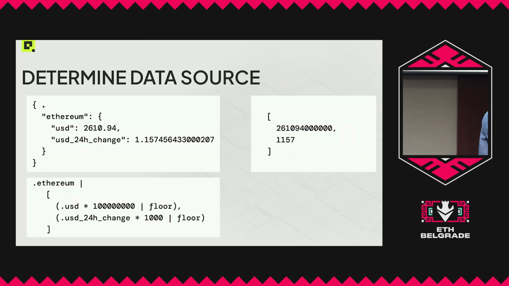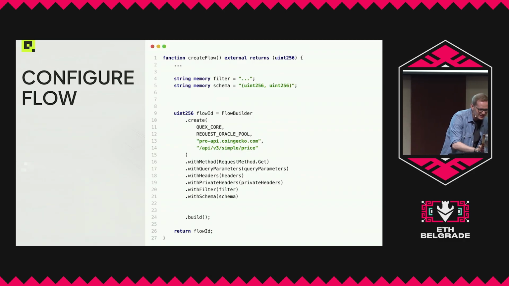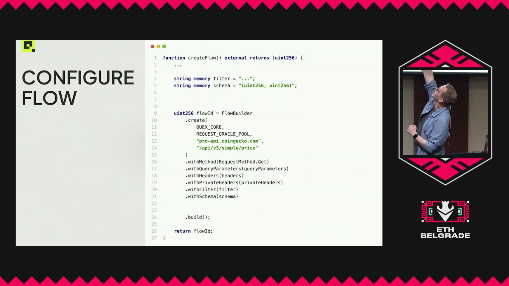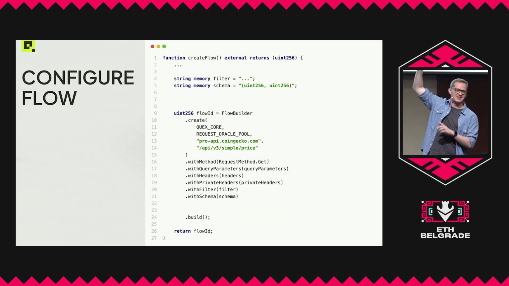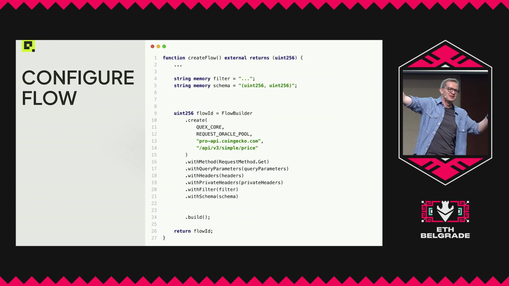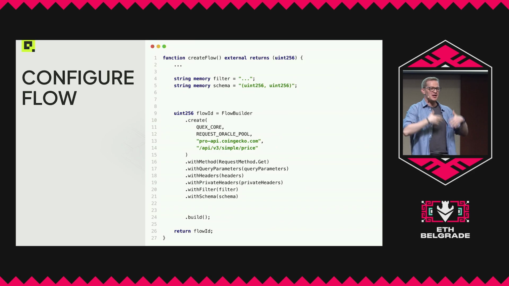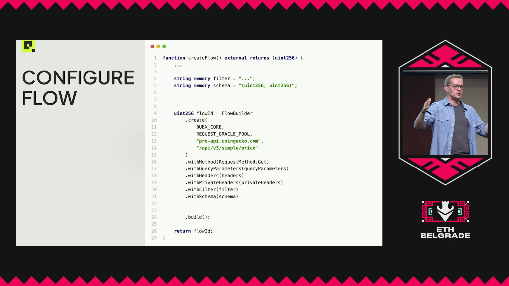So here is an example. The jq filter is pretty big, I didn't specify this. When you create a flow, you also provide the jq you want to execute.